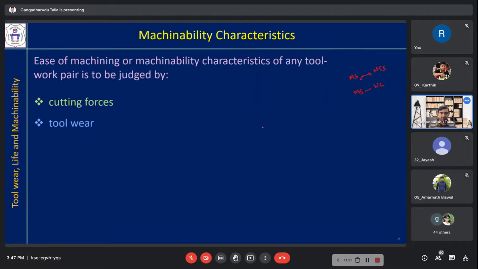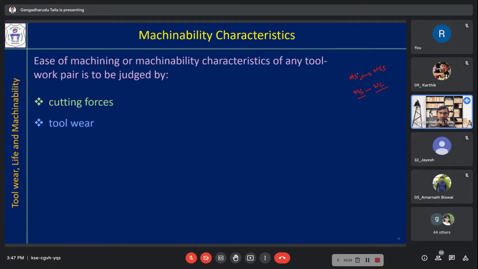Tool wear also matters, machinability depends on the tool wear. Tool wear varies from material to material. For a mild steel and tungsten carbide combination, the tool wear rate is different. For mild steel and HSS, the tool wear rate is different. Understand? So machinability is defined between these two.